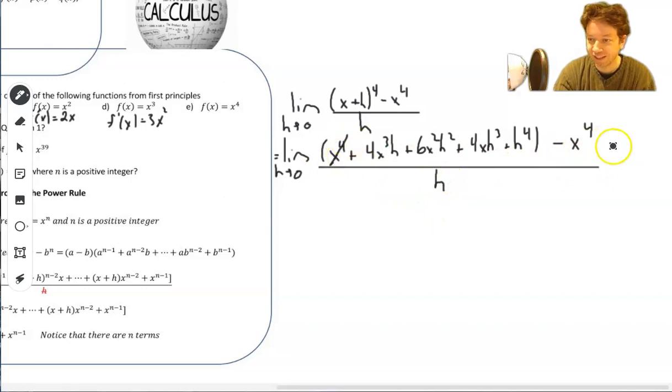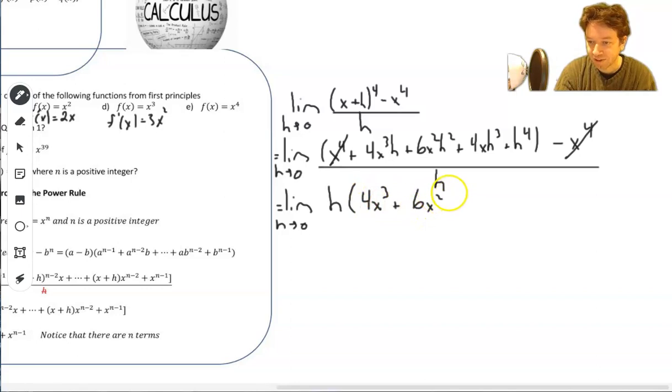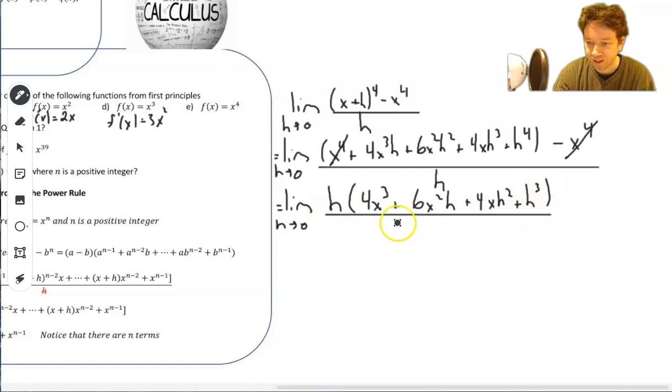So x to the 4's cancel. I will pull out an h. So we get the limit as h approaches 0. So factor out an h, and we're left with 4x cubed plus 6x squared h plus 4xh squared plus h cubed all over h.